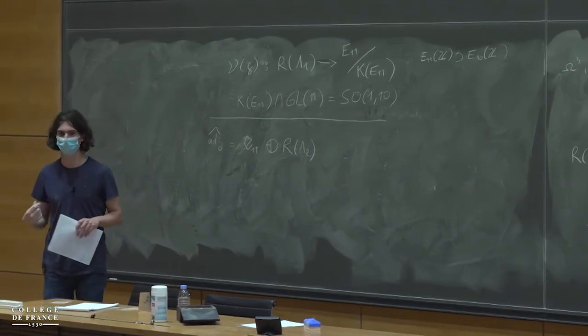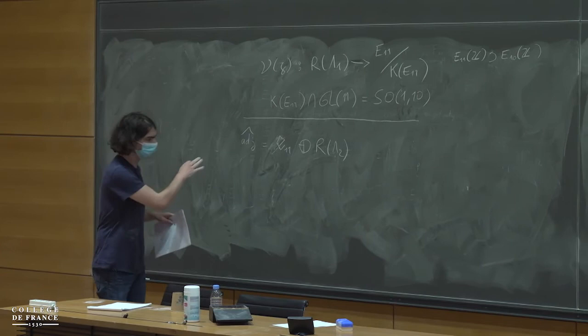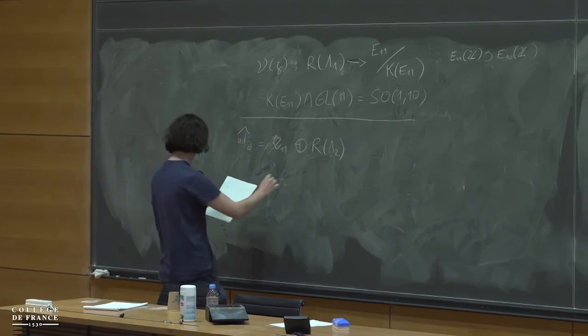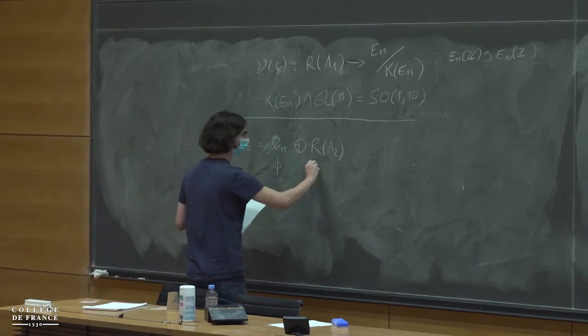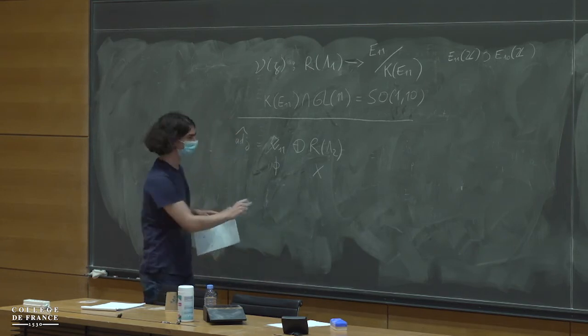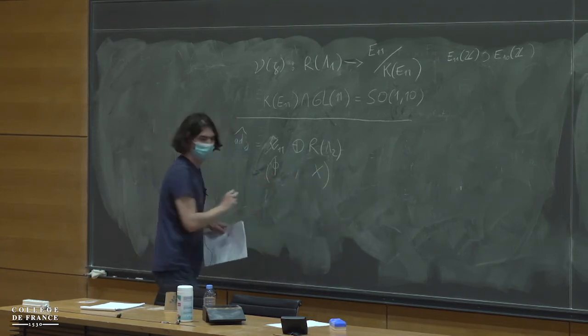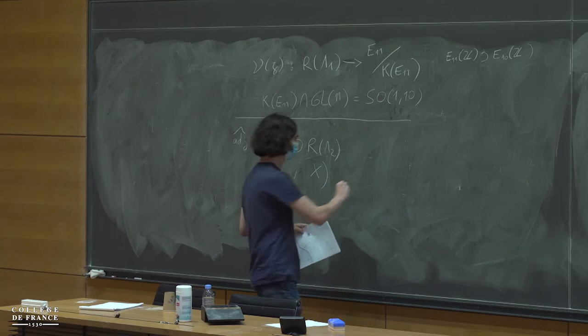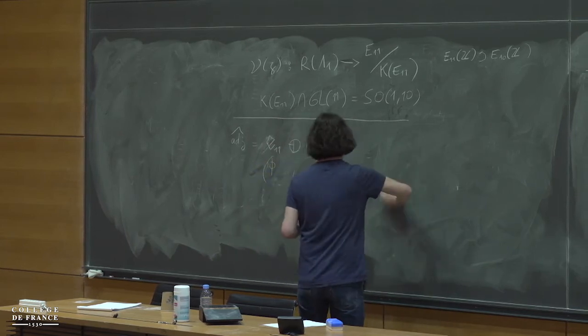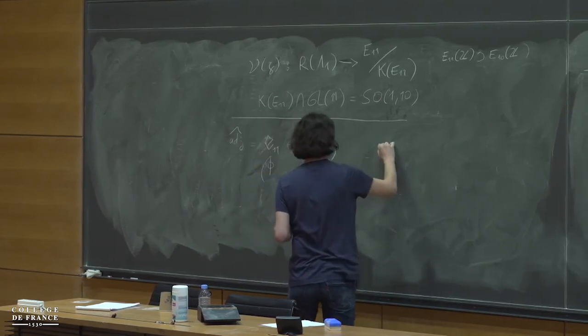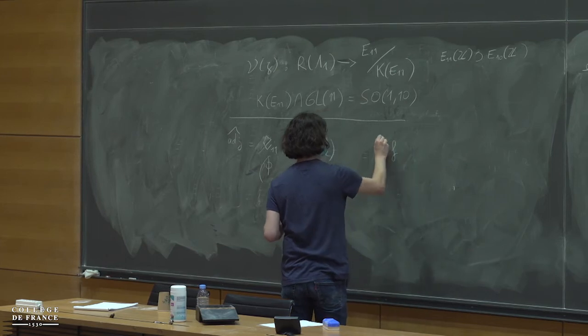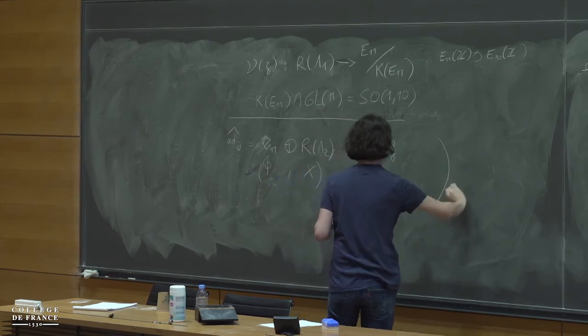What does it mean indecomposable? It means that if I act on such an element by parameterizing, for example, E11 by phi and R lambda 2 by x, when I write it as a matrix in the action, I get the standard action of E11, which I write schematically as minus f for the structure coefficient of E11.